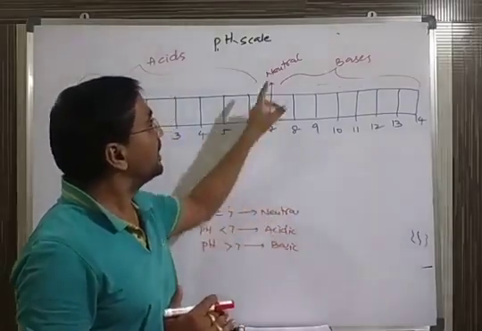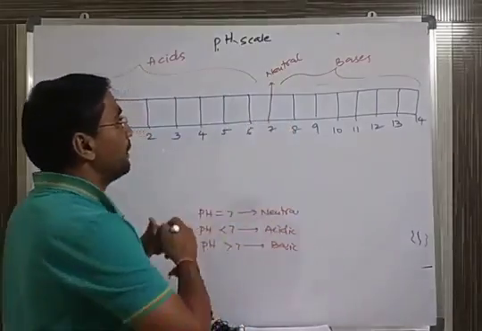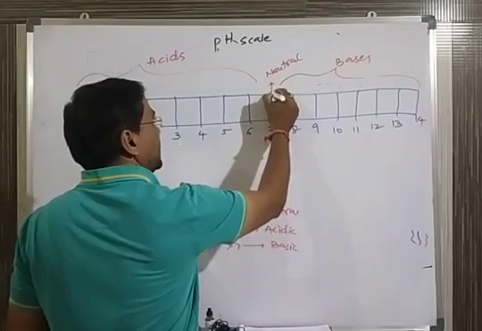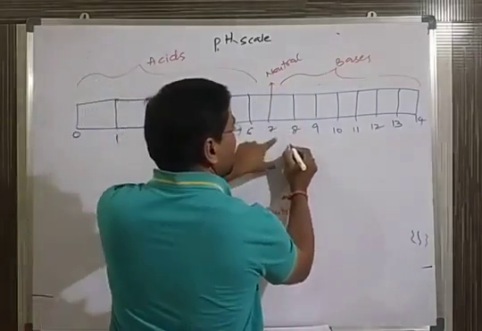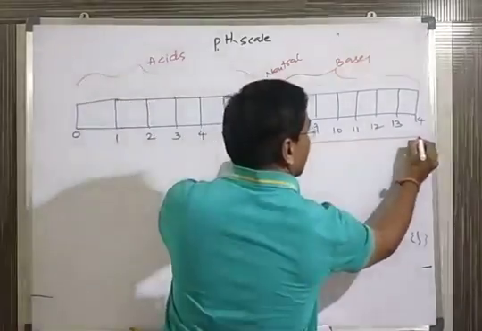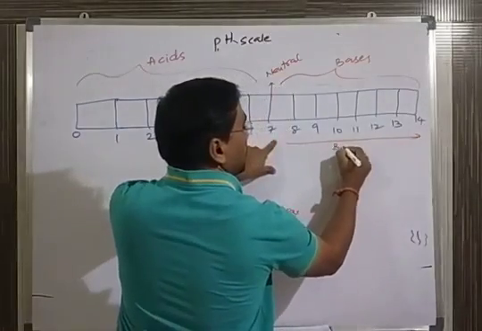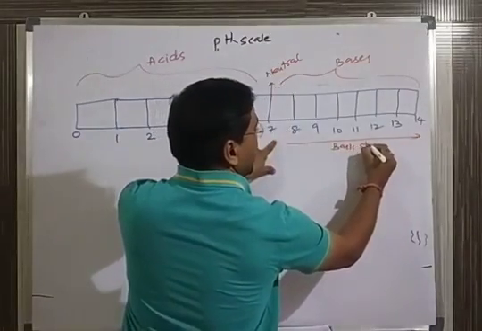According to this, in the pH scale, this is neutral. As we move from 7 to 14, basic strength increases.